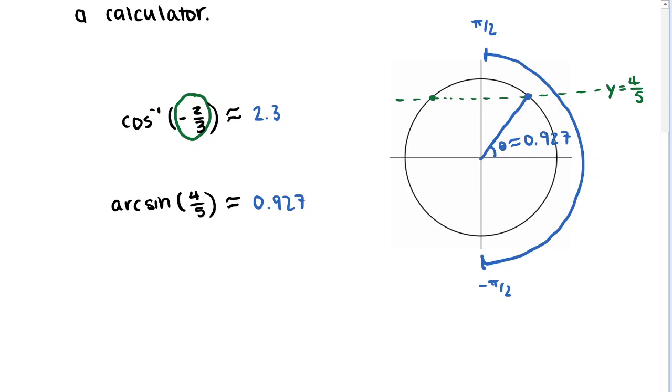And now one thing I want to warn you about when it comes to using a calculator to evaluate trigonometric functions and inverse trigonometric functions is you always have to be careful of the mode your calculator is in. Here, we want to make sure that we're in radians mode, and our results are in radians, and we related them to pi radians, so they make sense in this picture, and we've checked our work a little bit.